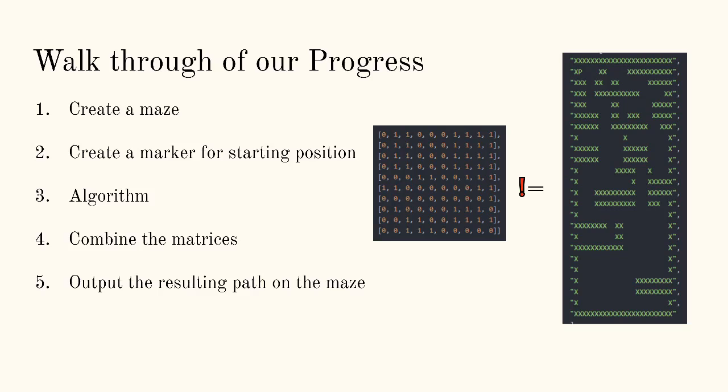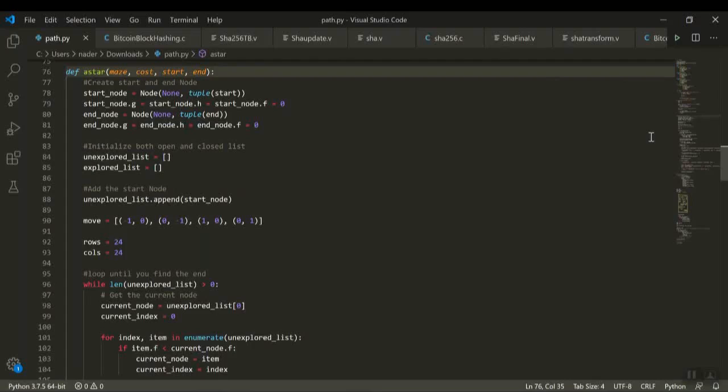Our turtle code used an array with x's instead of zeros and ones, so we had to come up with a solution to convert the maze information to one that would be recognized in our code for turtle. This was done through combining the matrices, where the end output would be the result of the optimal path using our A-star search pattern in our maze.